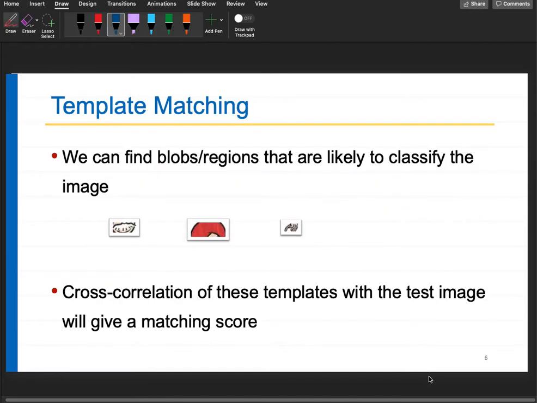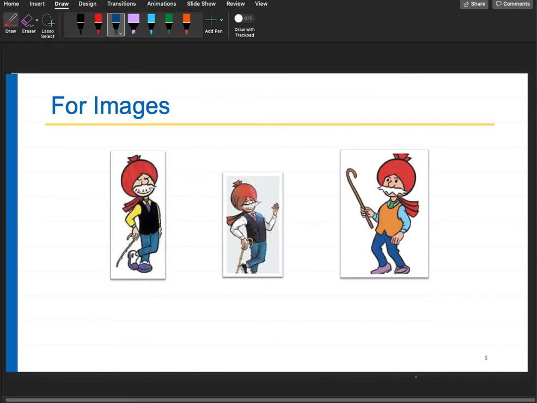How do we handle this problem in general? If you have studied a little bit about image processing or image classification, you will immediately remember that the conventional methods are that we can find blobs or regions that are likely to classify the image. For example, this person has a very typical mustache, which is almost similar in all the images, right?